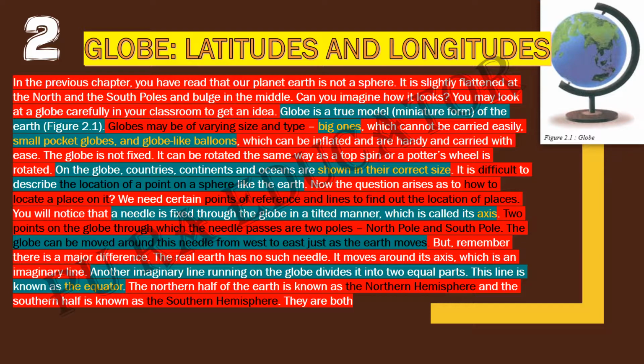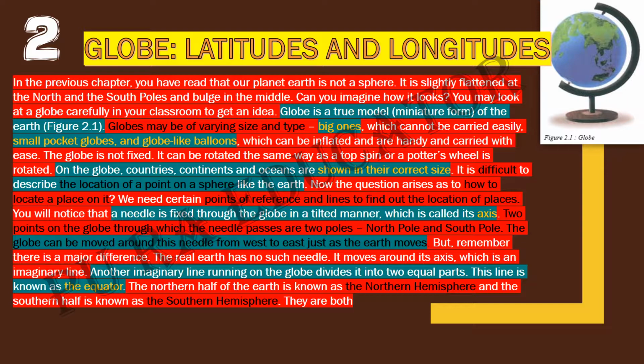If you know that Earth is round in shape, you can see in the picture, the globe is the replica of the Earth. It is the miniature form of the Earth. It is a true model of the Earth. If you see the model of the globe, you will understand how the Earth exactly looks.